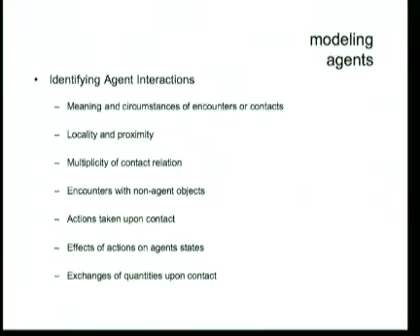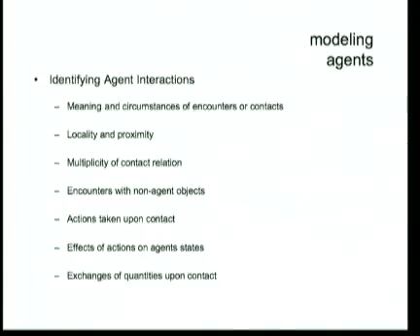And once you determine the nature of the encounter or contact, then you have to decide what actions will be taken by the individual agents that are participating in the interaction. And also, as we stated, the effects that these actions have on the agent states.